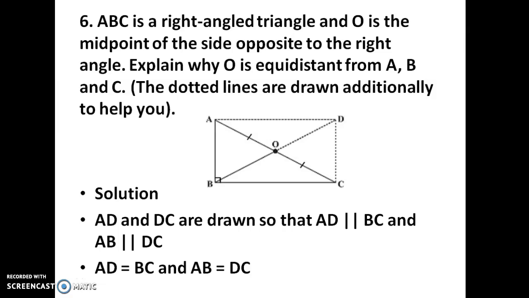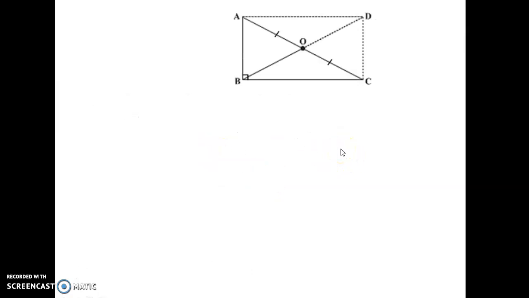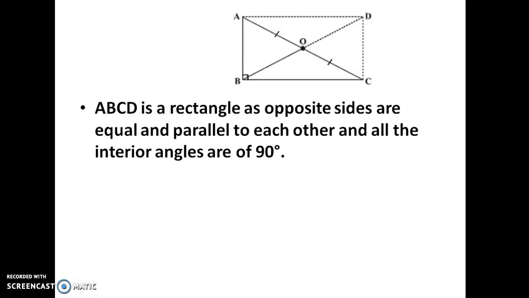AD is equal to BC and AB will be equal to DC. So ABCD is a rectangle as opposite sides are equal and parallel to each other and all the interior angles are of 90 degree.